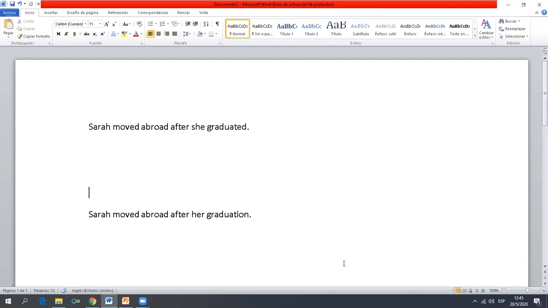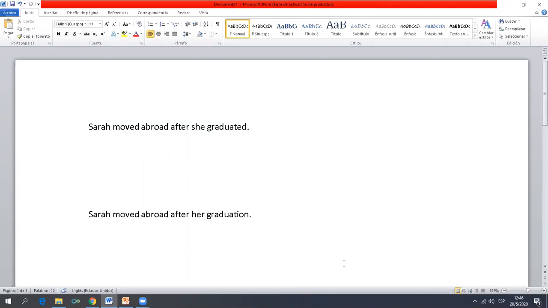My first question is, look at these two sentences, and if I asked you to classify them, would you say they are simple, complex, compound? One of these sentences is simple. It is made up of just one clause. And the other one is complex because it includes a subordinate clause.